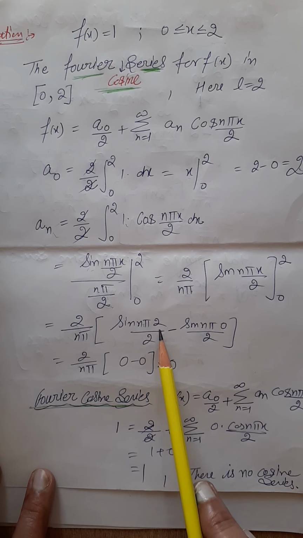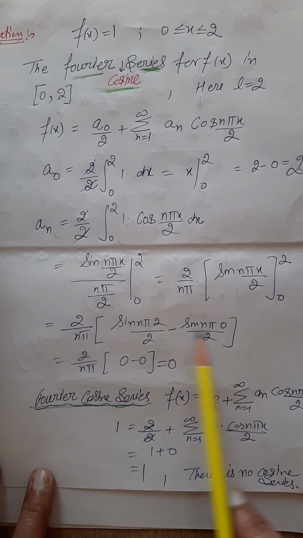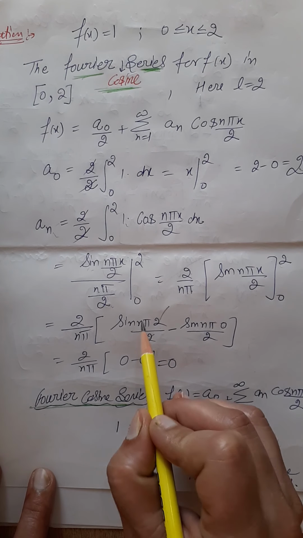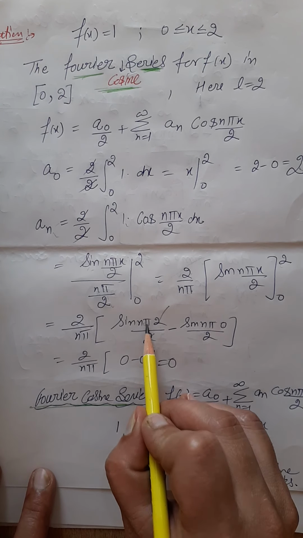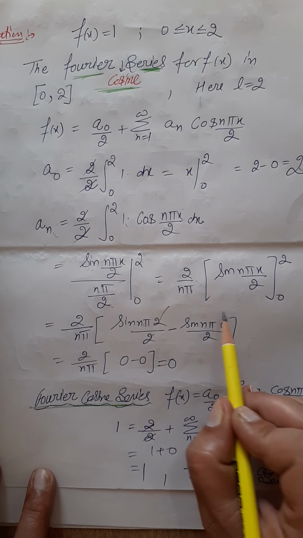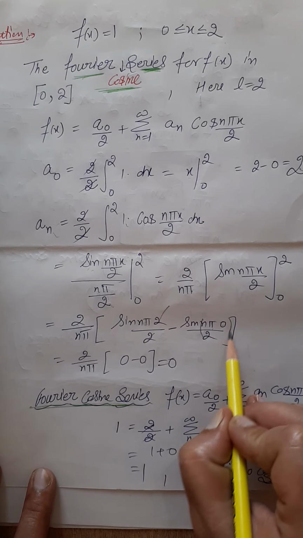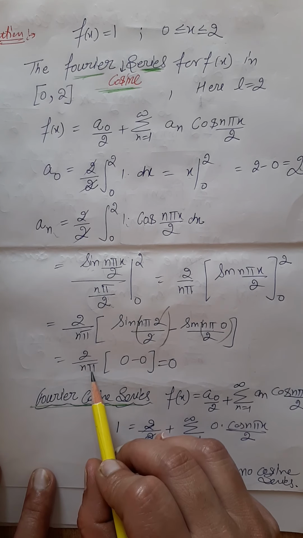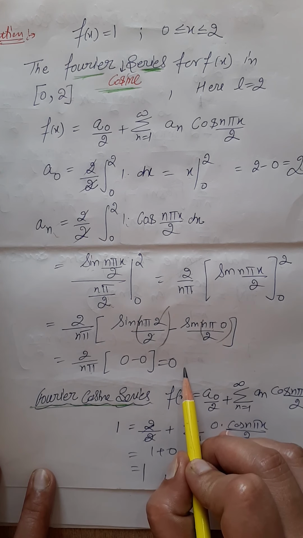Then you apply upper limit minus lower limit, and after cancelling 2 we get only sin n pi. The value of sin n pi is 0 and the value of sin 0 is also 0. And you get the value of an equal to 0.